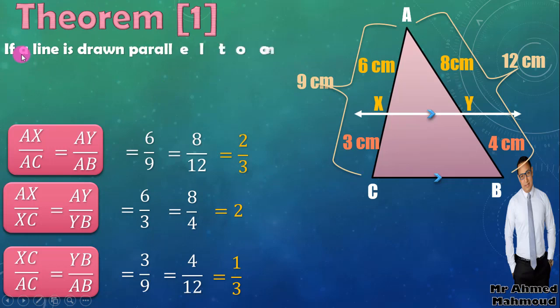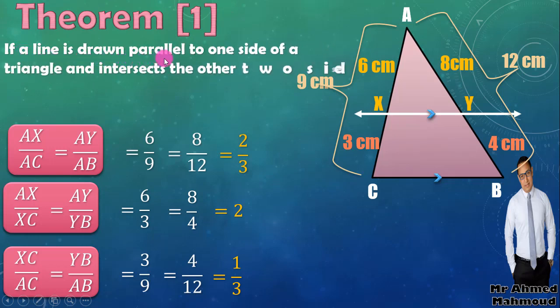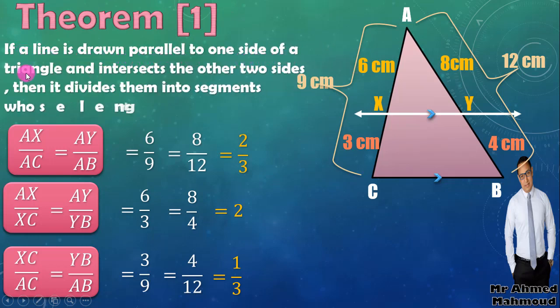The theorem says that if a line is drawn parallel to one side of a triangle, as we said here, and intersects the other two sides at X and Y, then it divides them into segments whose lengths are proportional.